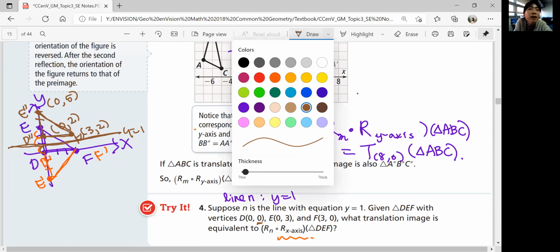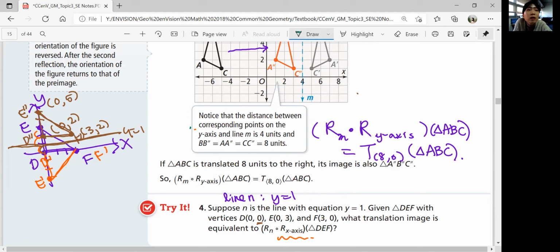So looking at your original triangle, your purple triangle, to the brown triangle, what kind of transformation can you see? The translation, right? How many units are you moving the points up? 1, 2, 1, 2, 2 units up, right? Do we have horizontal movement?